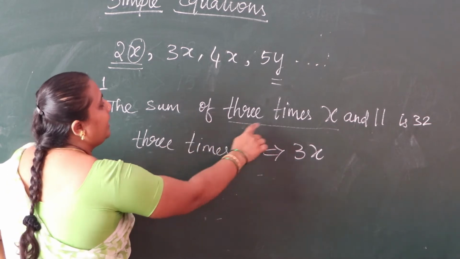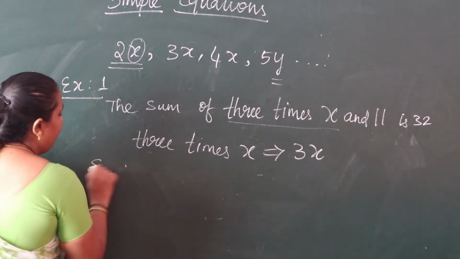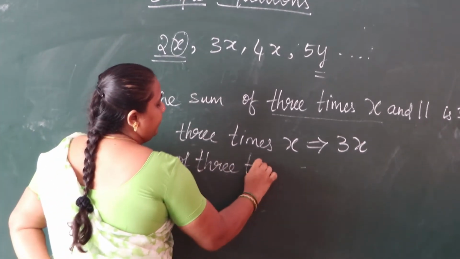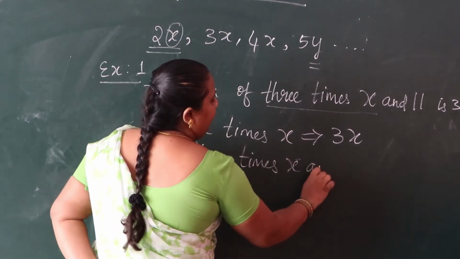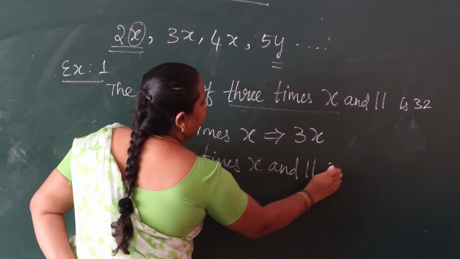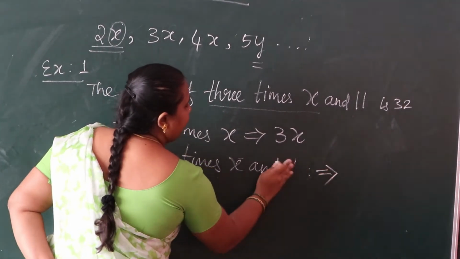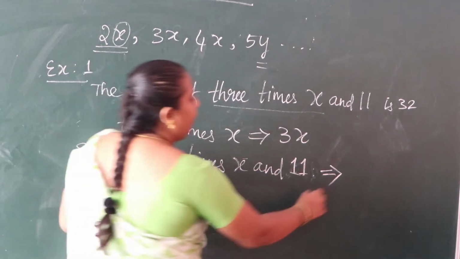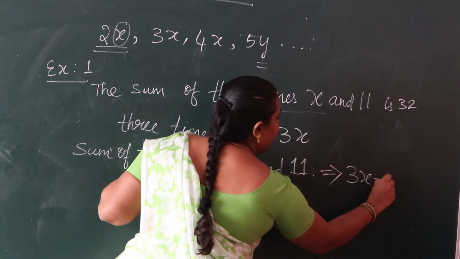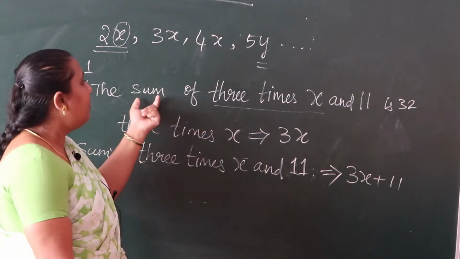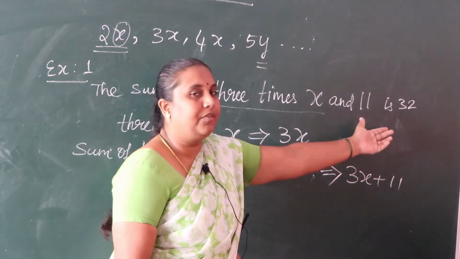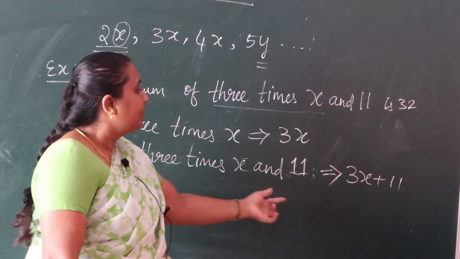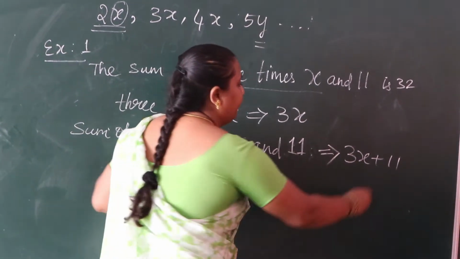And the sum of 3 times x and 11, we can say, is 3x plus 11. Sum of 3 times x and 11 means we are adding 11 to 3 times x, that is 3x. So 3x plus 11.